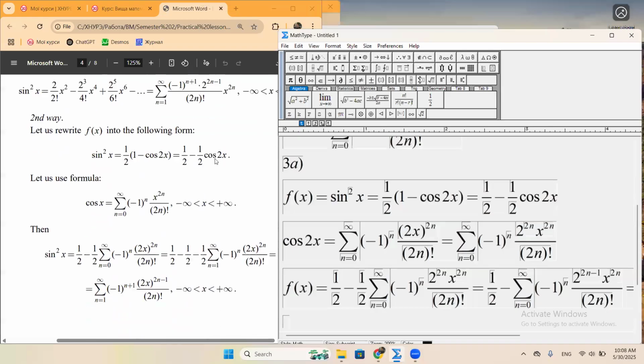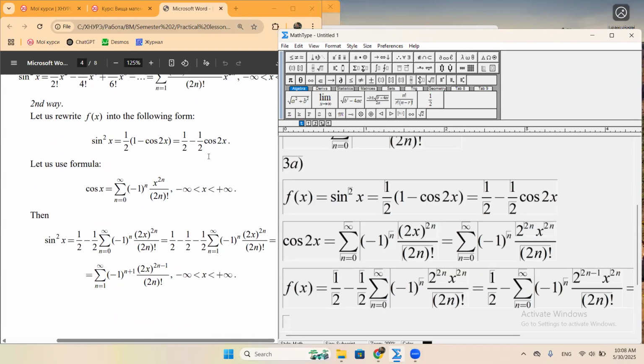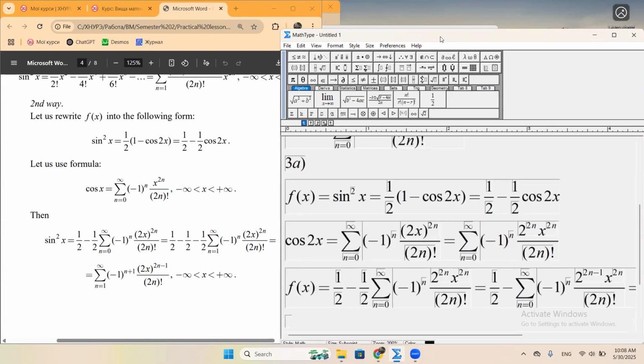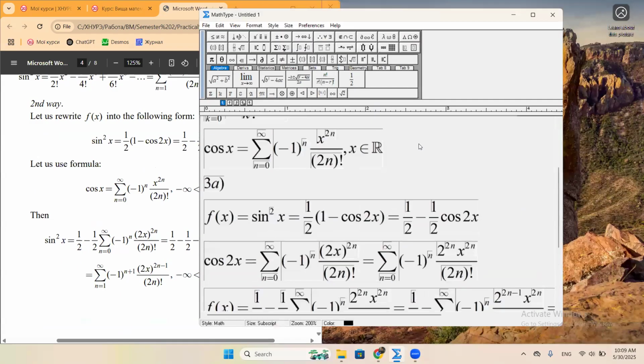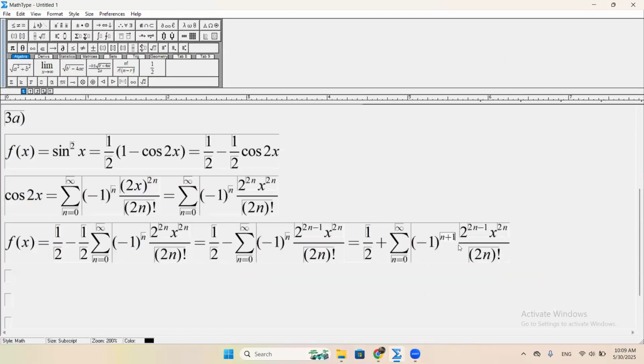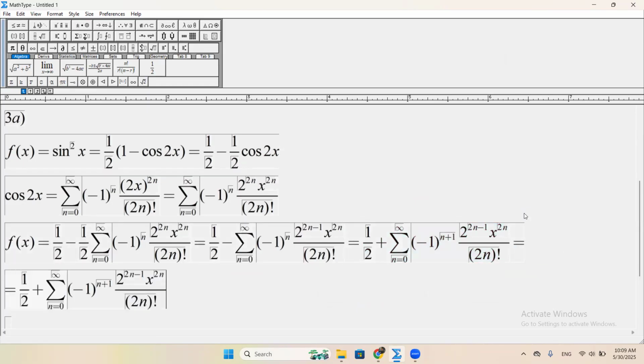Let me check with the answer. Oh, I see. Here I also moved out of the sum the first, the 0 term.